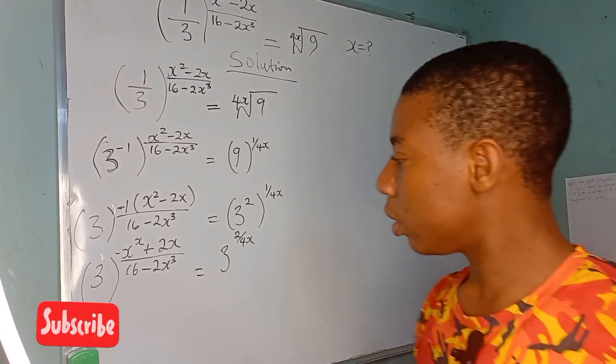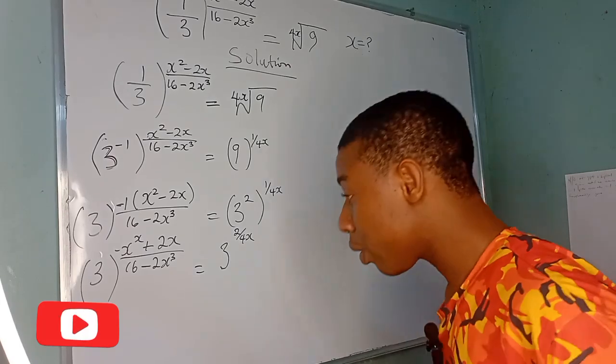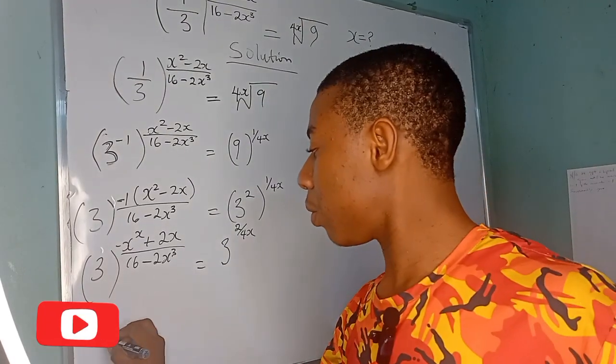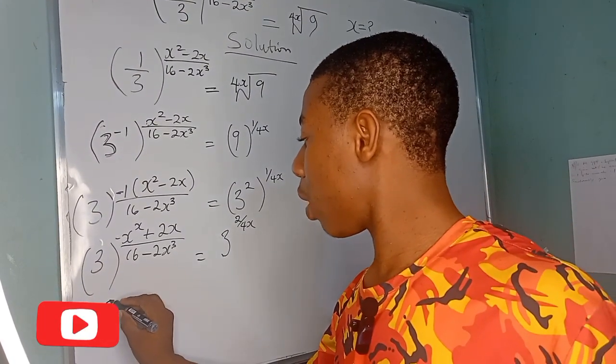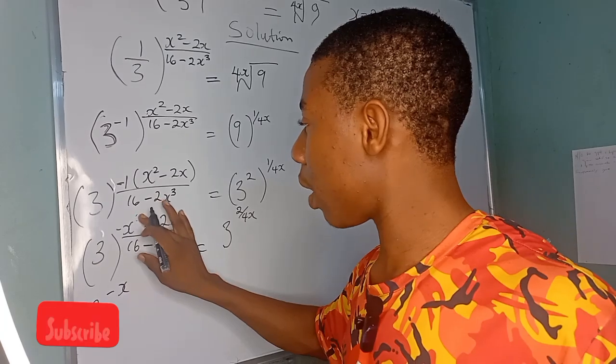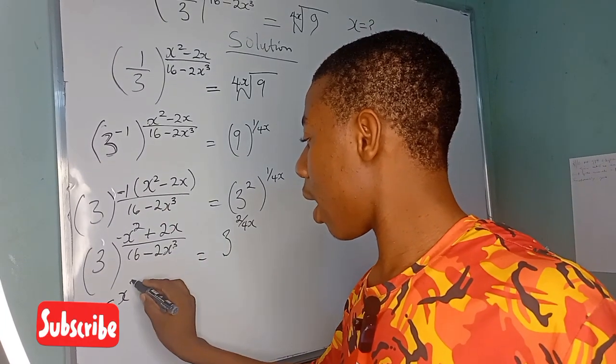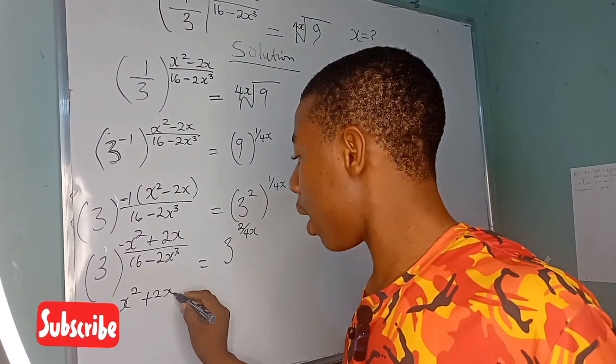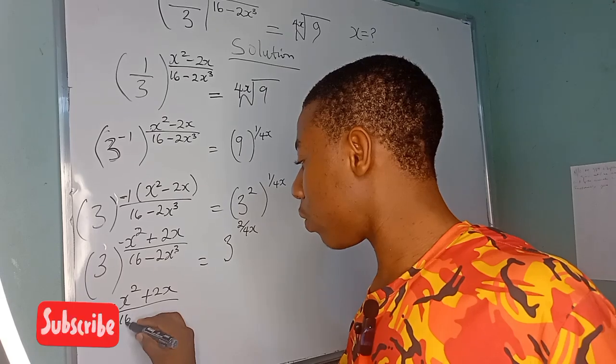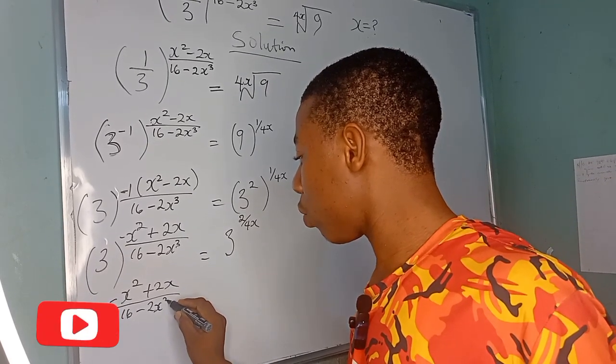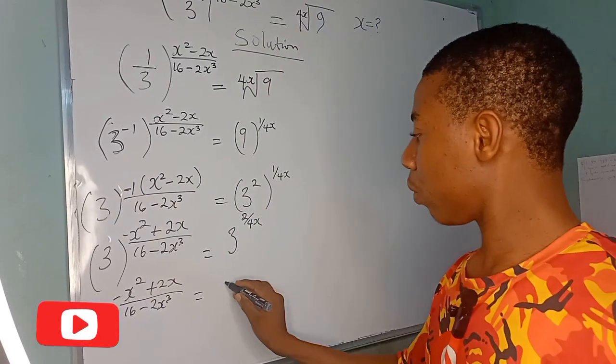Very interesting. So what we have here now is 3 raised to power (minus x squared plus 2x) all over (16 minus 2x cubed) equals 3 raised to power 2 over 4x.